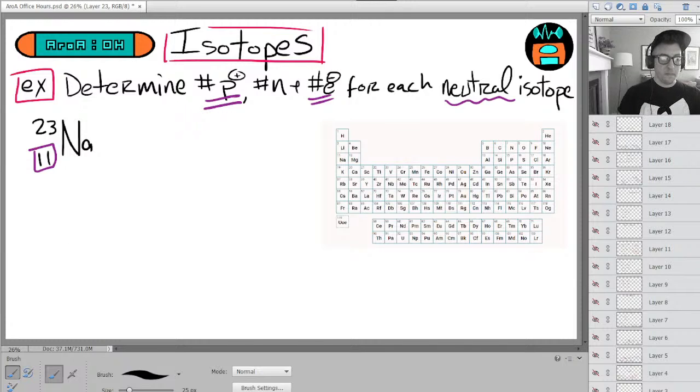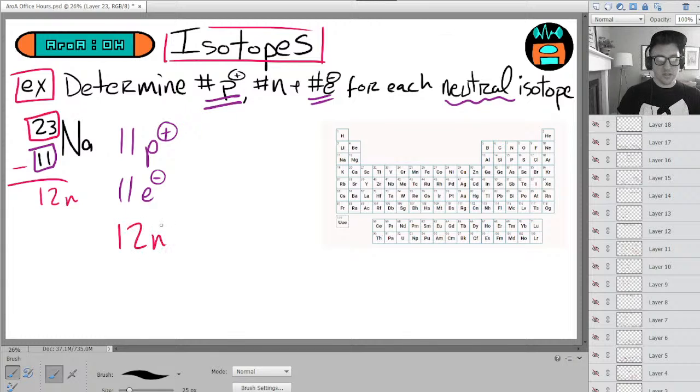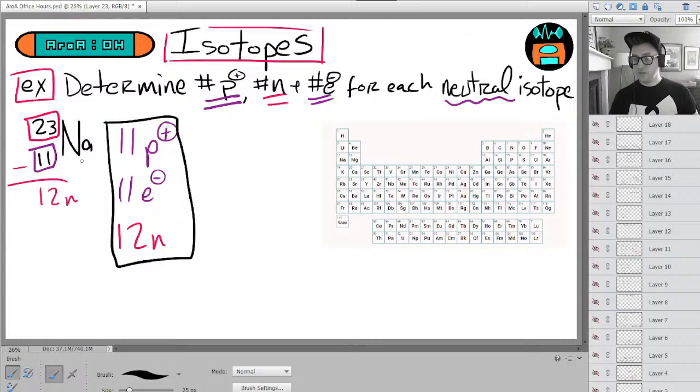So for sodium, we have 11 protons, 11 electrons, and then for our neutrons, we subtract our atomic number from our mass number. This leaves us with 12. So 11 protons, 11 electrons, 12 neutrons in a neutral isotope of sodium-23.